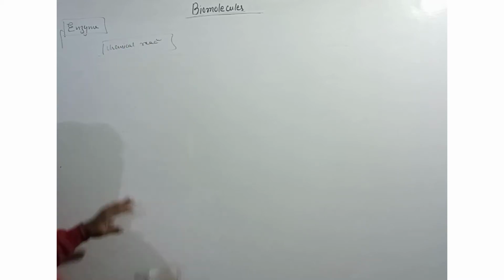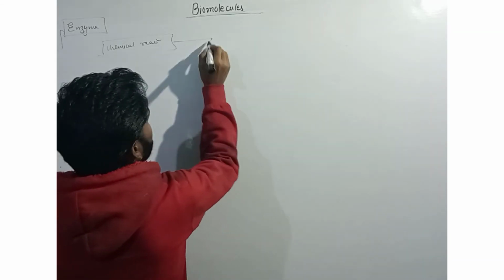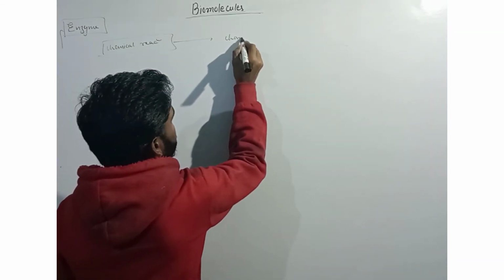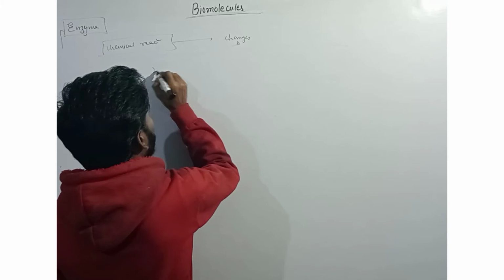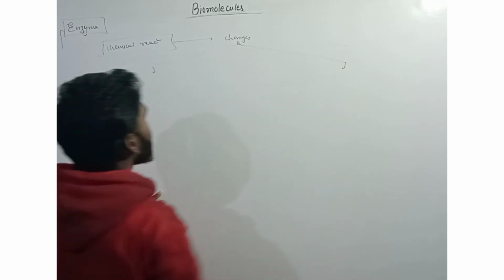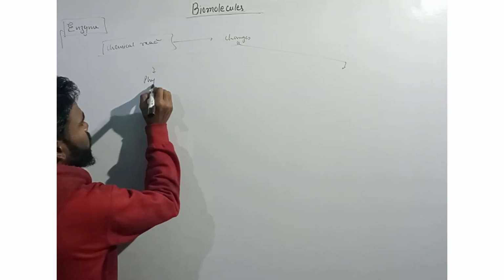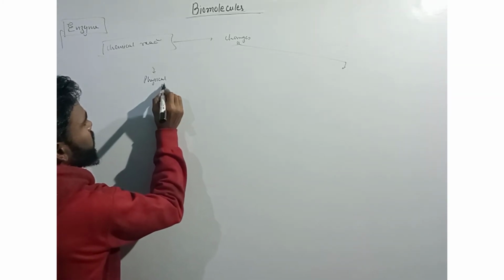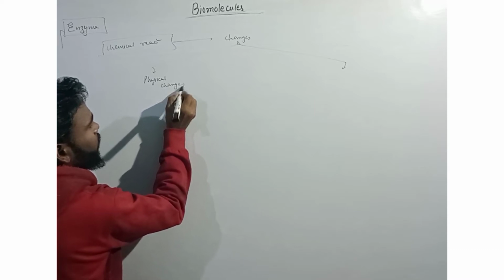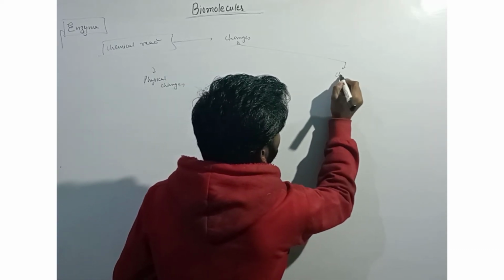Basically, two different types of changes occur in a chemical reaction: one is called physical changes and the second is called chemical changes.